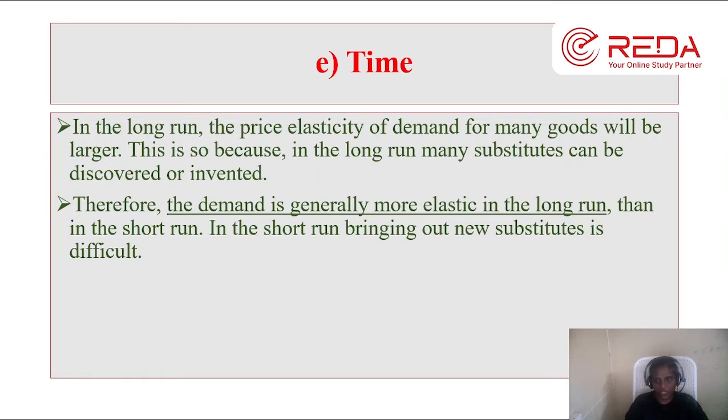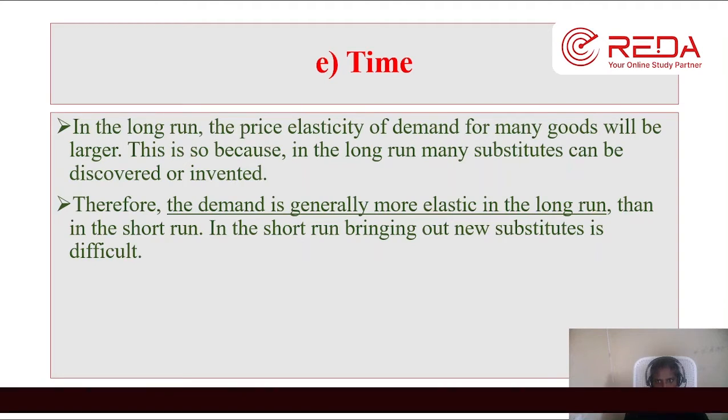The next one is time period. This time period is also a very important factor which determines the elasticity of demand. Obviously we have the short run period and the long run period.